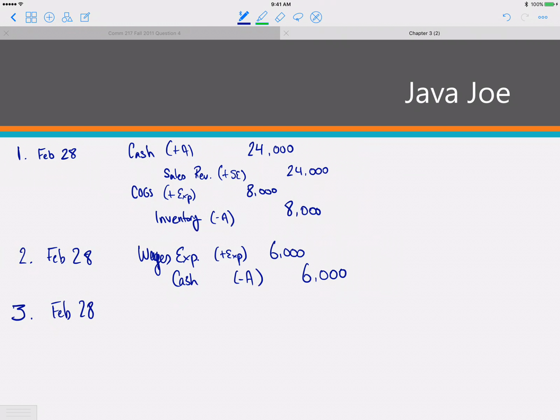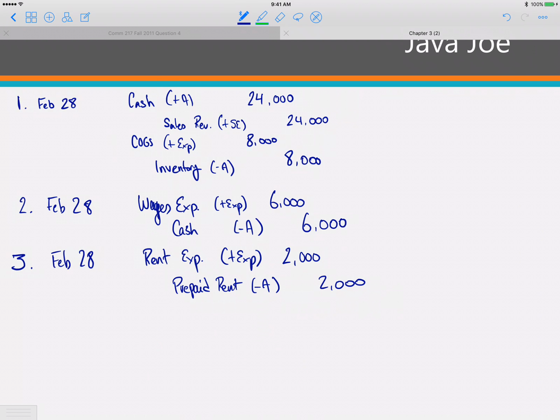If you recall, it was $1,000 a month rent. So he used up rent. So we're going to debit rent expense, so it's an increase to expenses of $2,000, and we're going to credit the prepaid rent that was used, so it's a decrease of assets by $2,000.